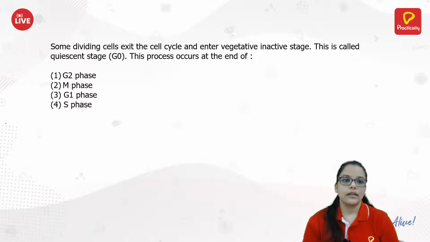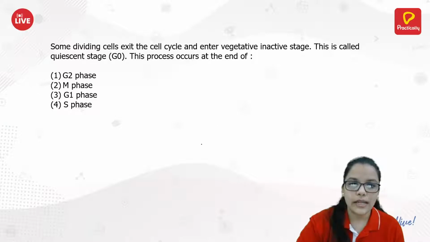Okay, so next, some dividing cells exit the cell cycle and enter a vegetative inactive state. That state is actually known as G0. And this process occurs at the end of what? So it goes like this.